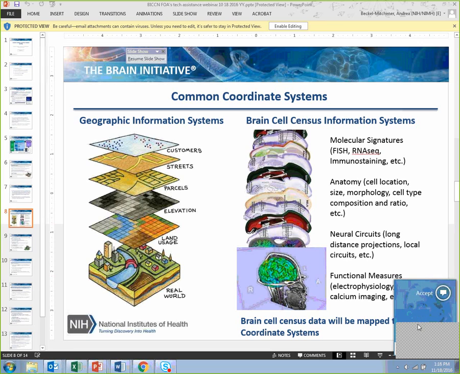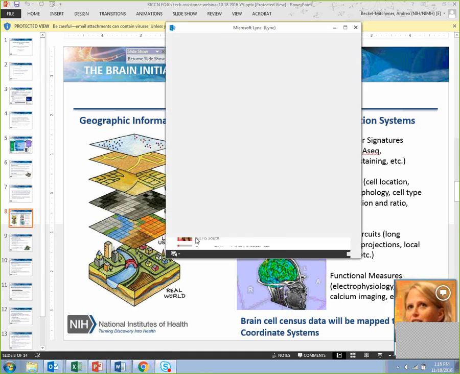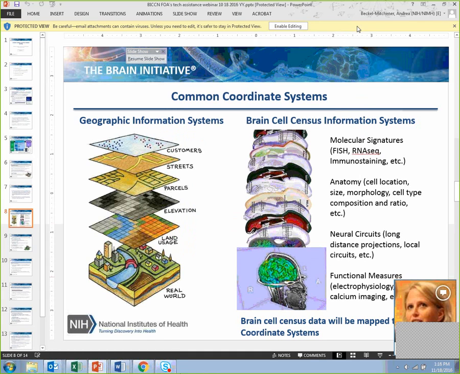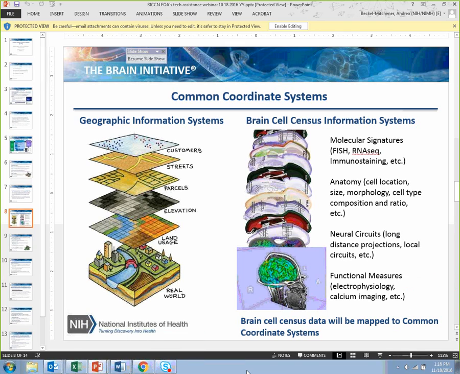So the four companion RFAs embrace the existing efforts of the research community that try to map all brain cell census data to common coordinate systems. In analogy to the geographic information system, the molecular signature data, anatomical data, neural circuit data, and the cell functional data will all be mapped to the common coordinate framework, so that all data will be spatially linked by a set of spatial coordinates.